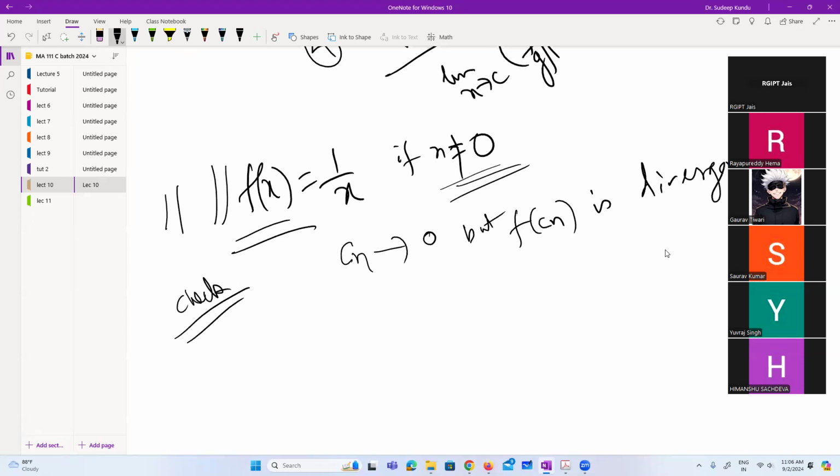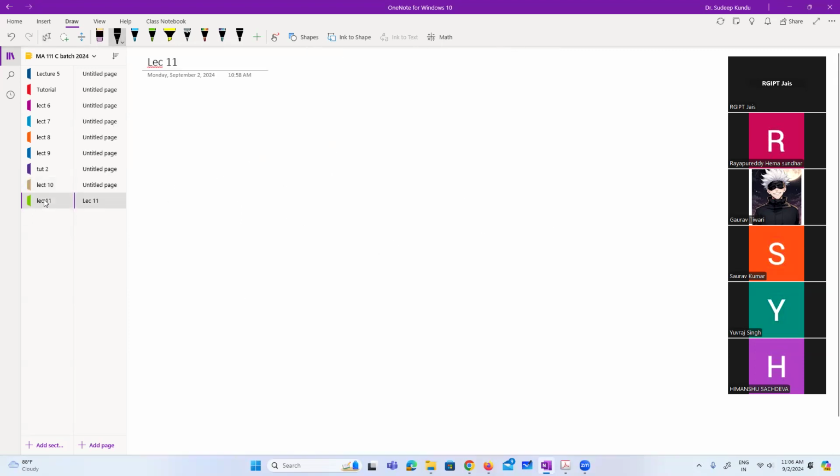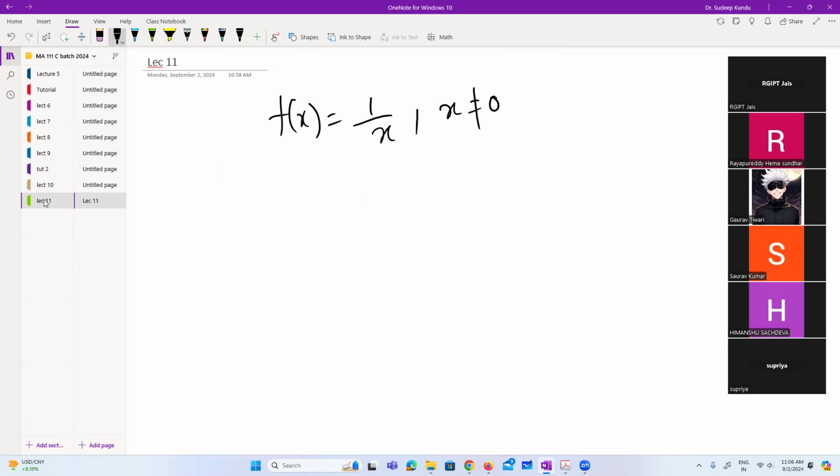So what you have to do here? What is given? That f of x equals 1 by x, x not equal to 0, right?